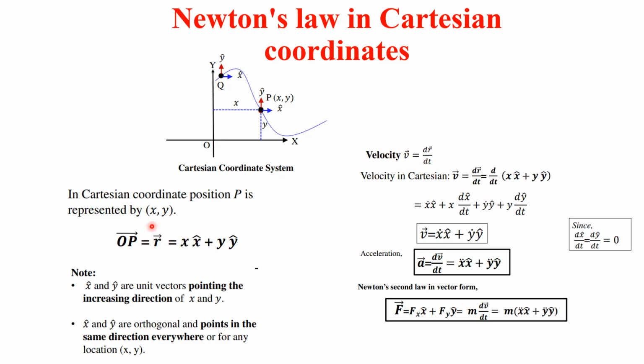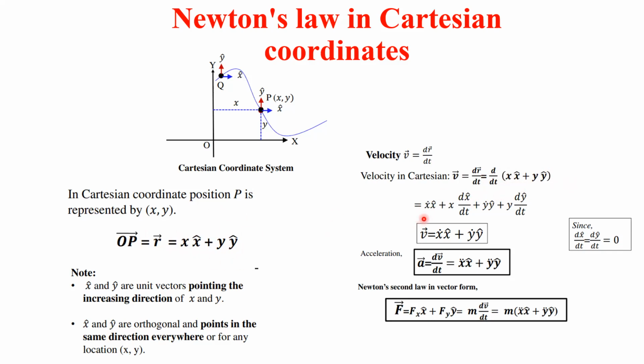As time increases, r also changes. Therefore I can differentiate the position vector r with respect to time, and I get the velocity vector. So velocity in the Cartesian system is given by v equals dr by dt, that is d by dt of the same r vector, where you substitute the r vector.